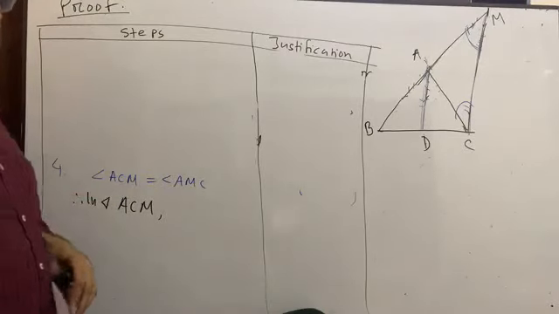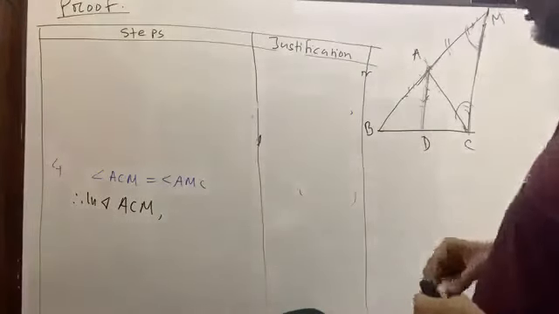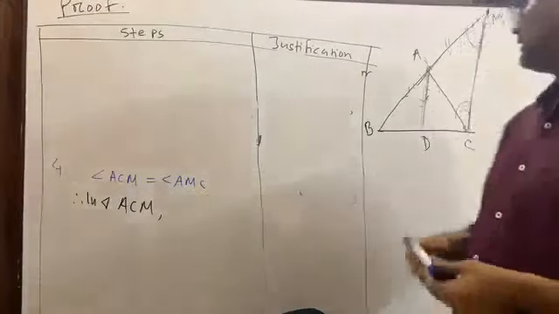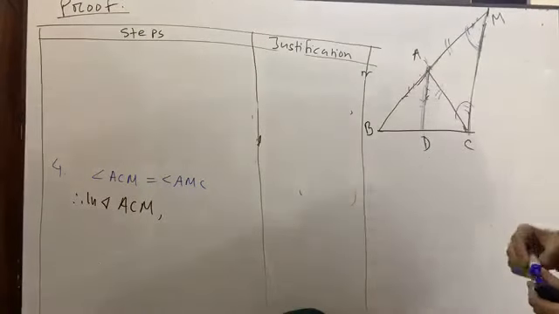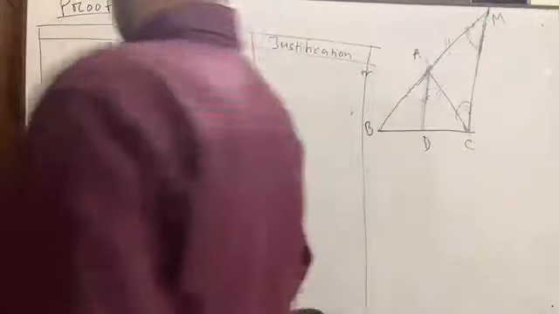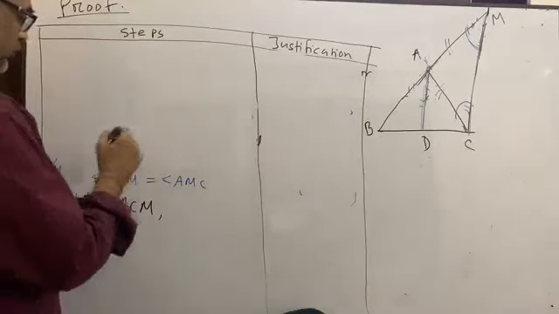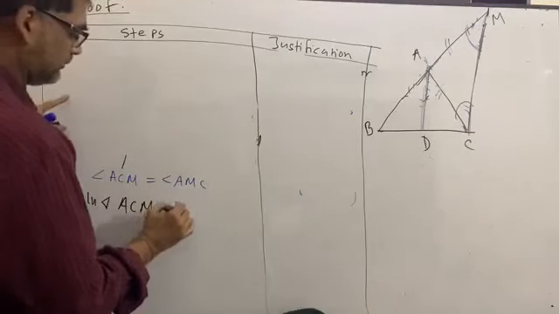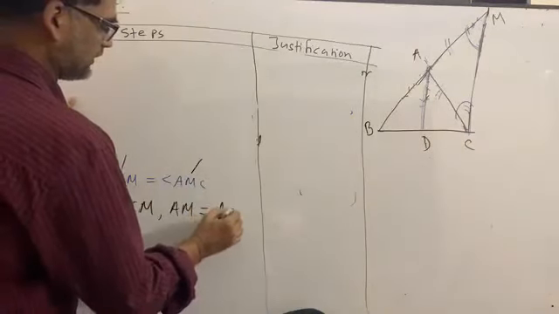Opposite side of ACM is AM. And opposite side of AMC is AC. Please pay attention. The rule is you omit this part. Therefore, AM is equal to AC.